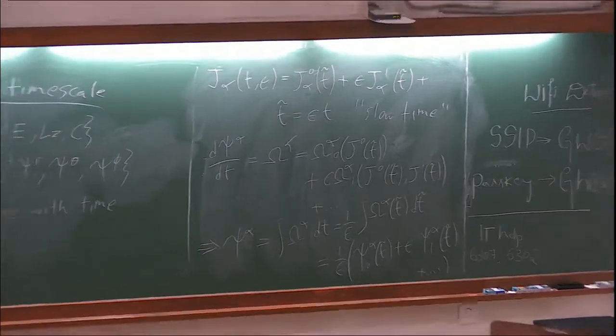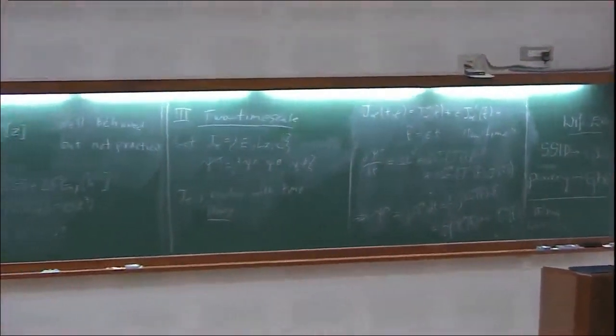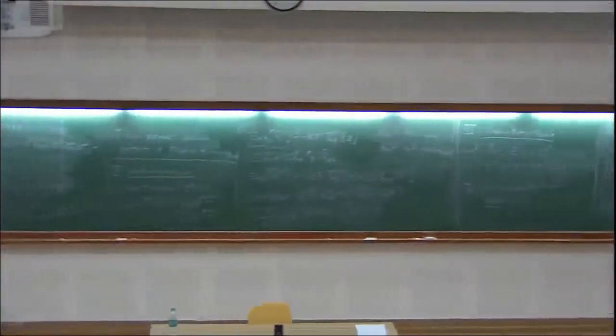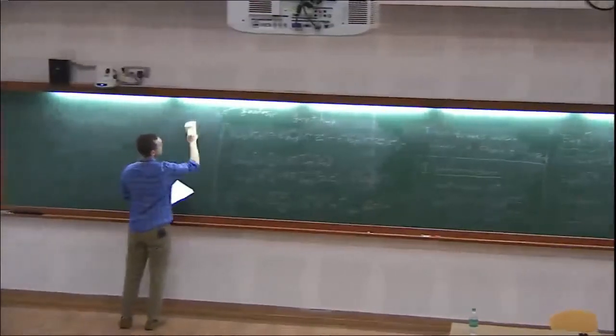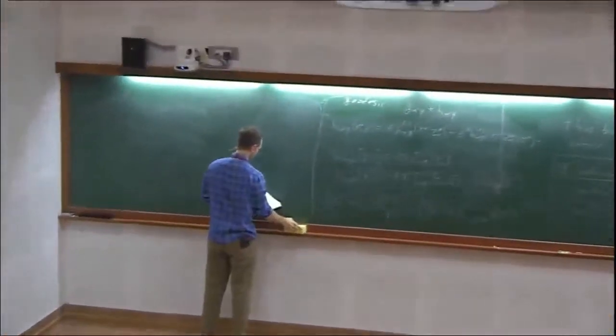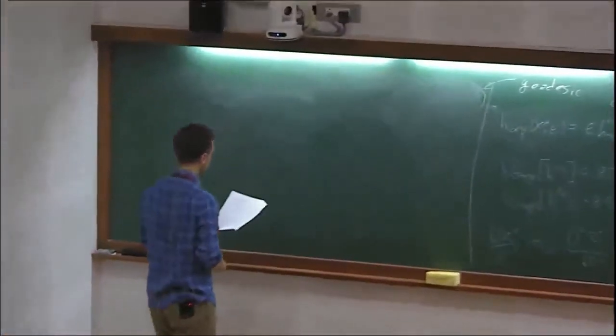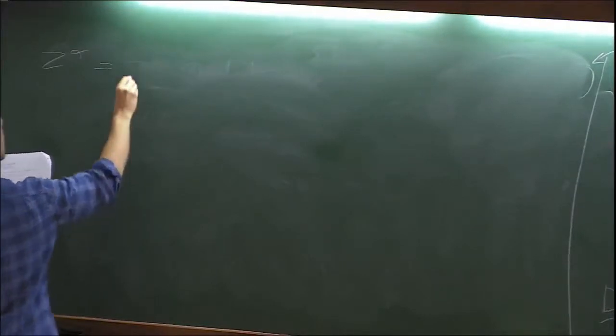Okay, I'll say a bit more about the 2-time scale expansion. So that's the treatment of the motion, but what does this mean about the metric? Okay, so first, let's make that more explicit in terms of what it means for the motion.